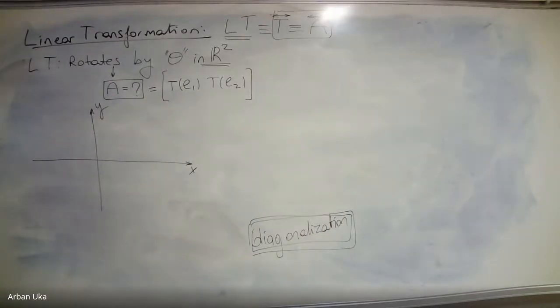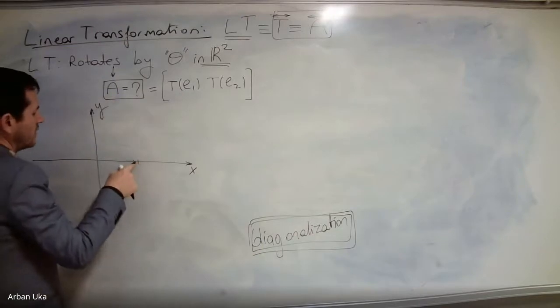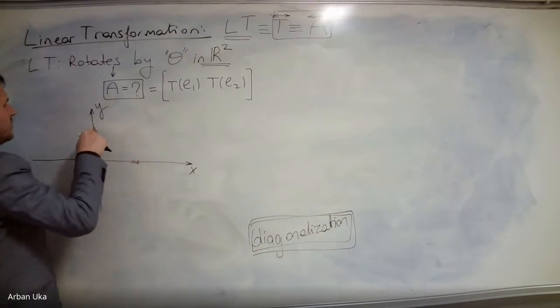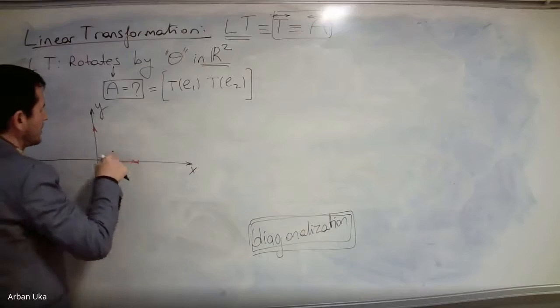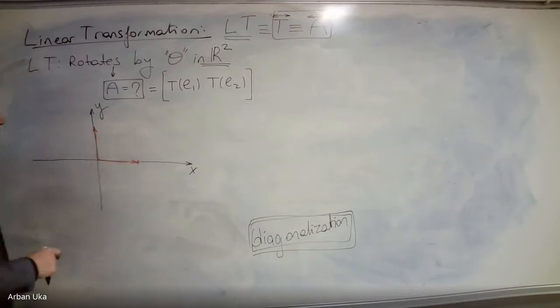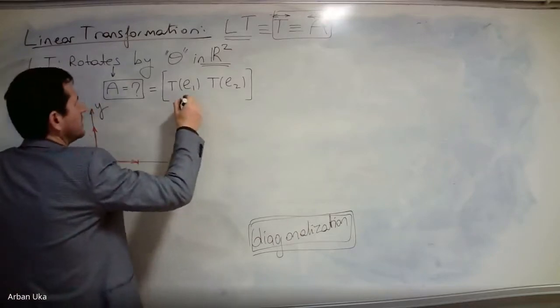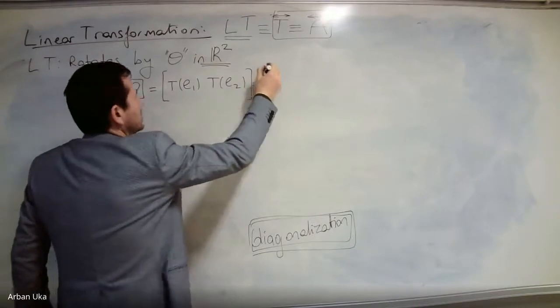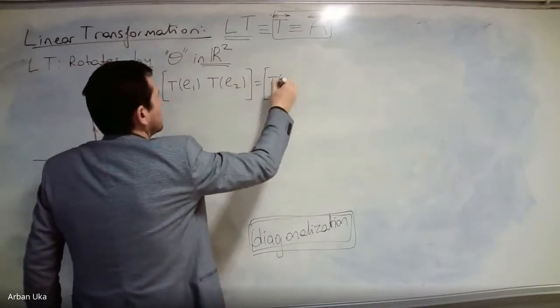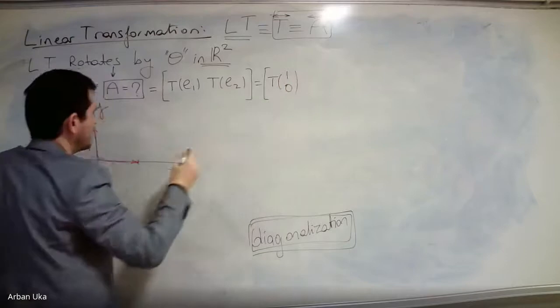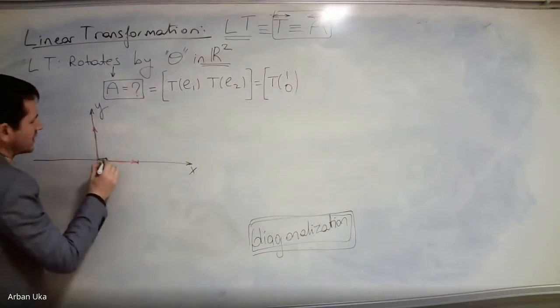What is E1? E1 is this vector here, and E2 is this. So we have this vector and this vector. Now, what happens if we rotate the vector 1, 0? If we rotate the vector 1, 0 by angle theta, we get this.